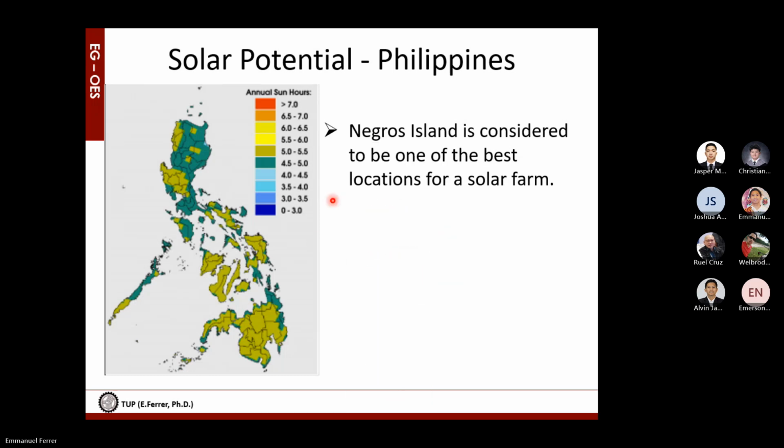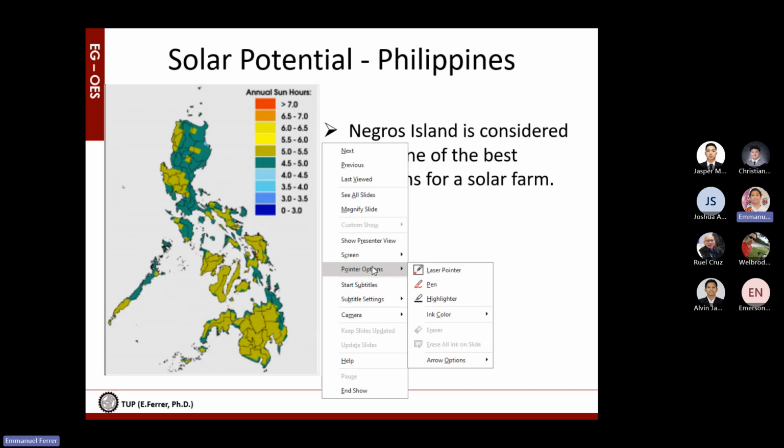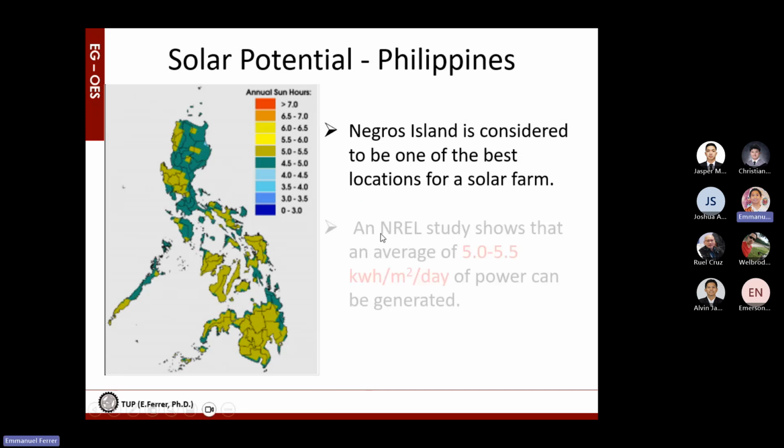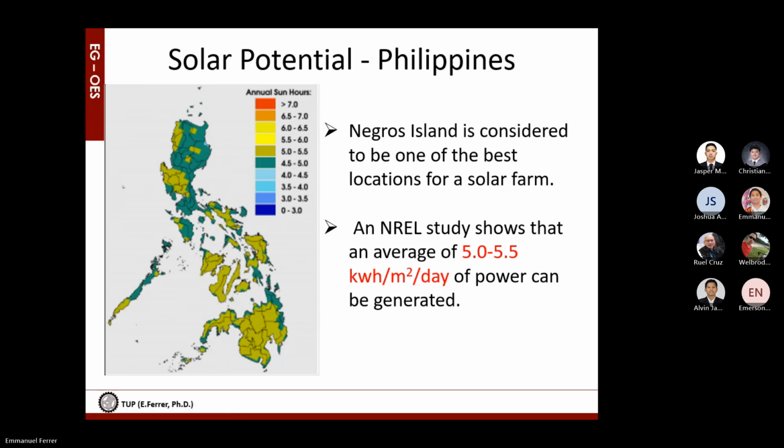Next. So, based on NREL study, the average solar potential of Philippines is around 5 to 5.5 kilowatt hour per meter square per day can be generated.